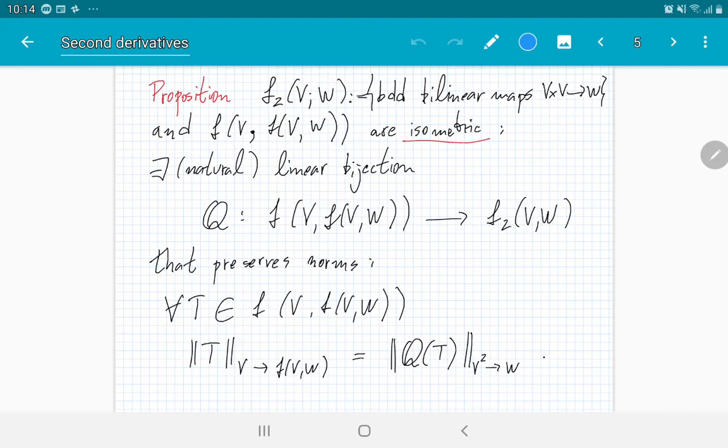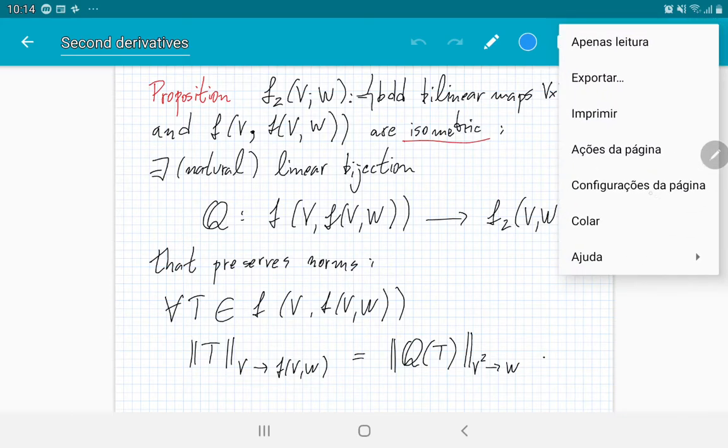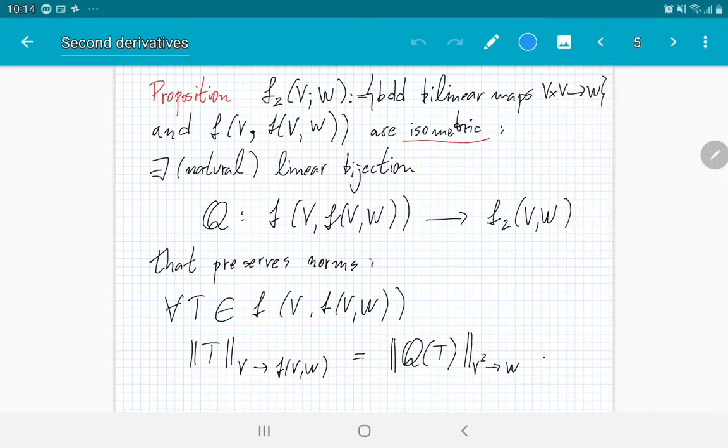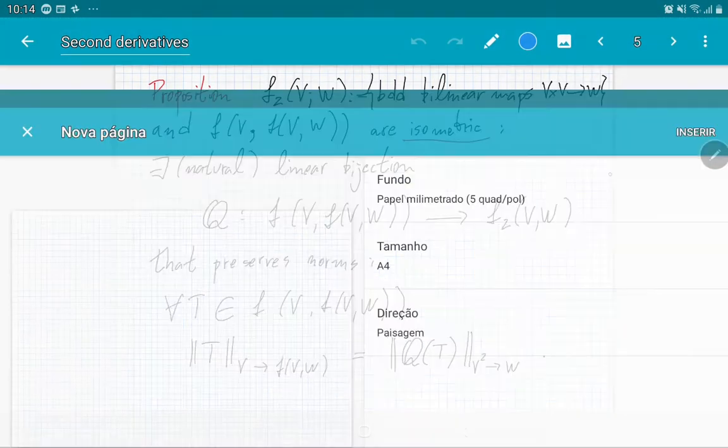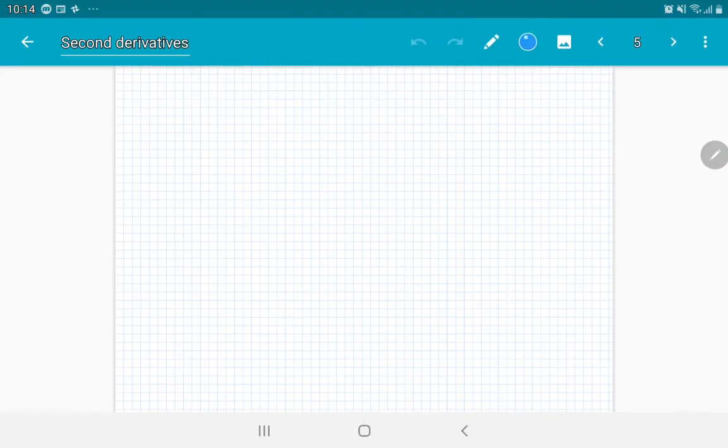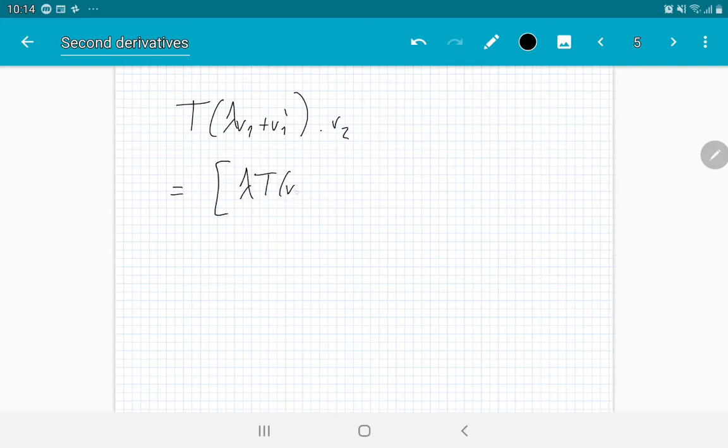So maybe I should write that in a single slide. Sorry, I need to add a page. I want to write that by itself, because this is key to everything that follows. So I want to compute T of lambda v1 plus v1 prime applied to a certain v2. And that, as we argued, is lambda T v1, using the fact that T is linear, applied to v2, and so on.